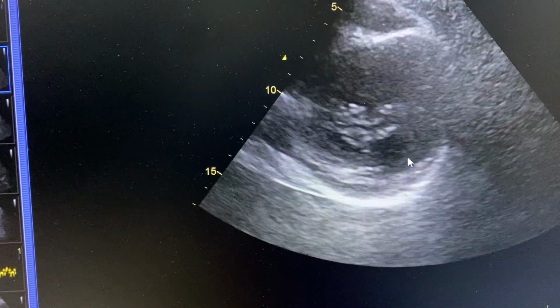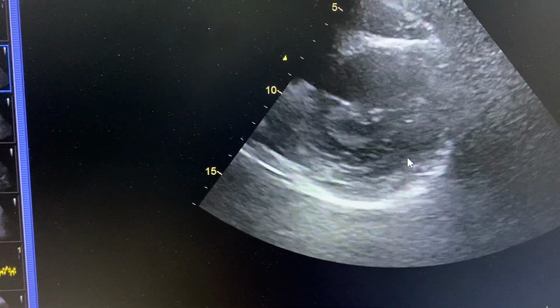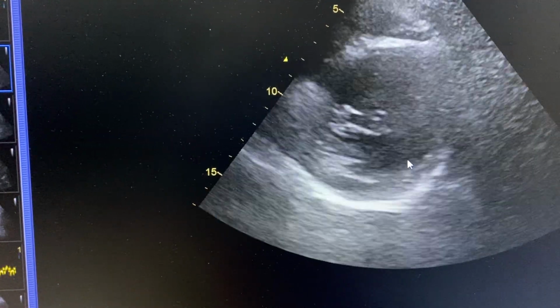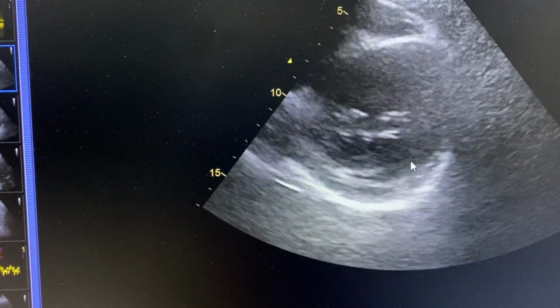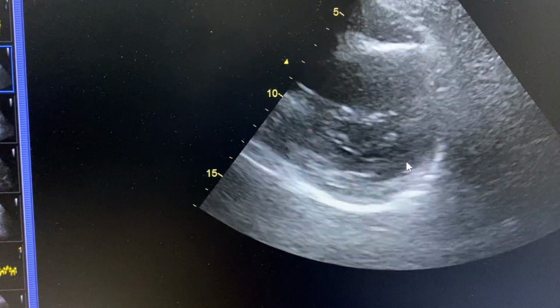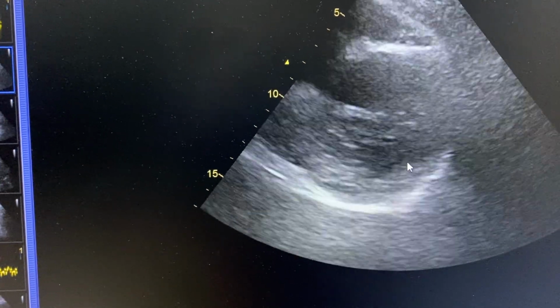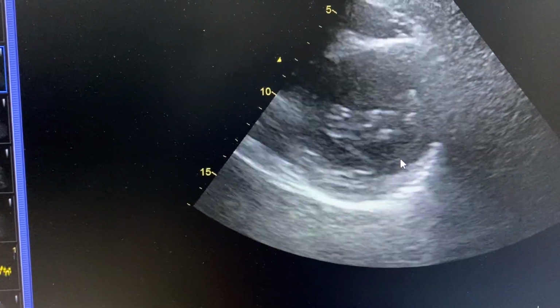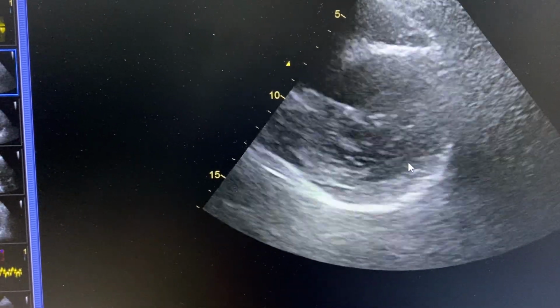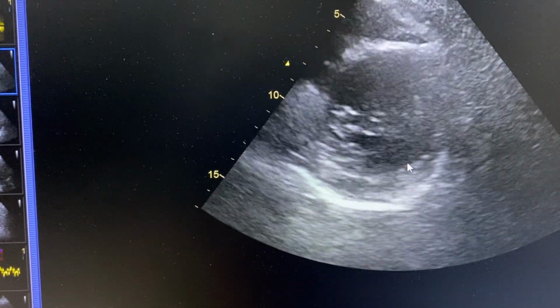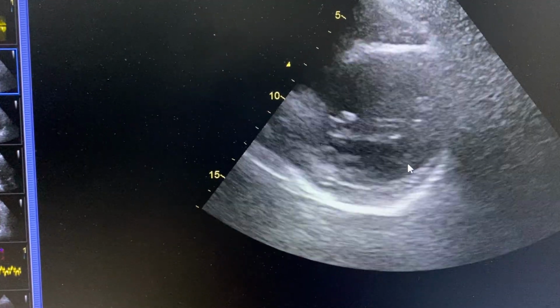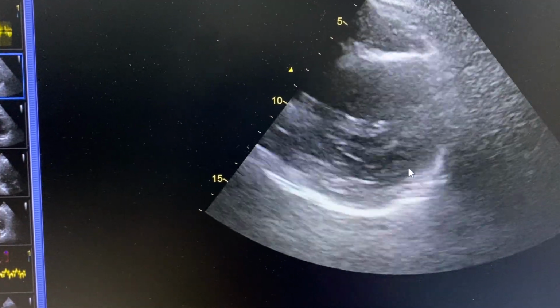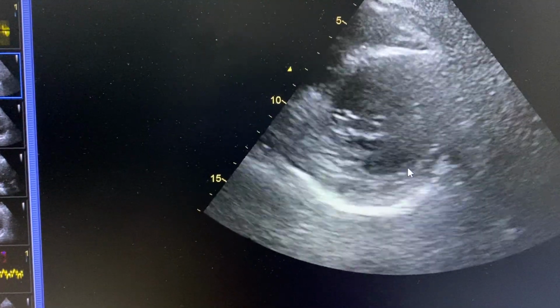So that is a regional wall motion abnormality at the level of the base. The segment is anterior. So here, the anterior wall or anterior territory is akinetic at base. Because remember, that's what we said: we divide the left ventricle into base, mid, and then apex.